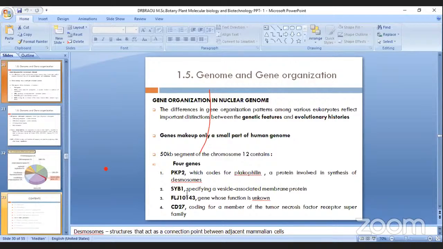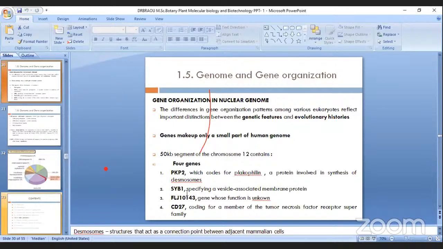What is PKP2 on this chromosome 12? This codes for plakophilin, a protein involved in the synthesis of desmosomes. Desmosomes are structures that act as connection points between two cells.